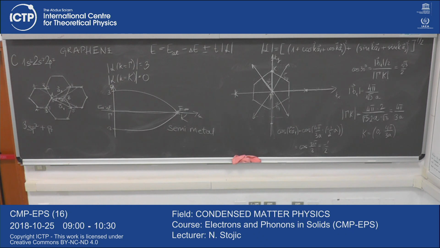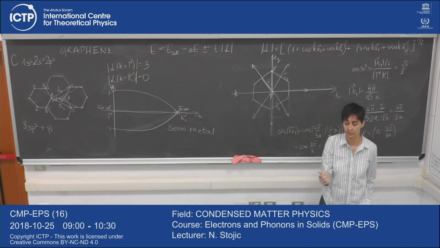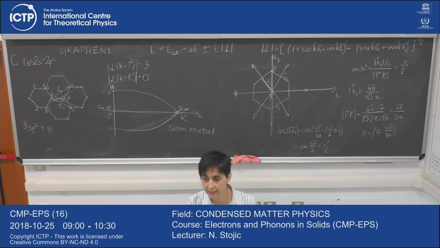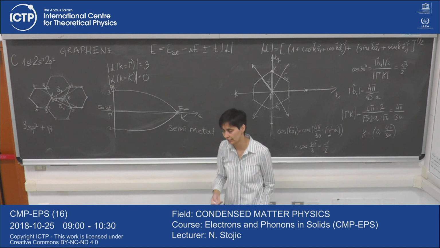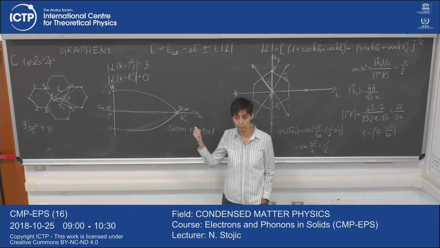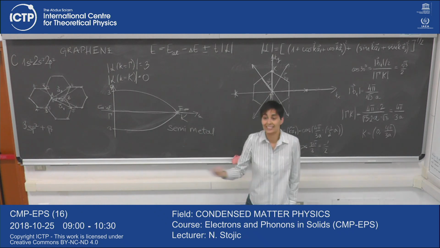I forgot, I always forget somehow. I'll bring it next time, a few papers of ab initio calculation. What is ab initio? It's when you really take into account everything from first principles and you calculate the band structure, for example, of graphene, to compare with our tight binding calculation, which is the easiest possible.